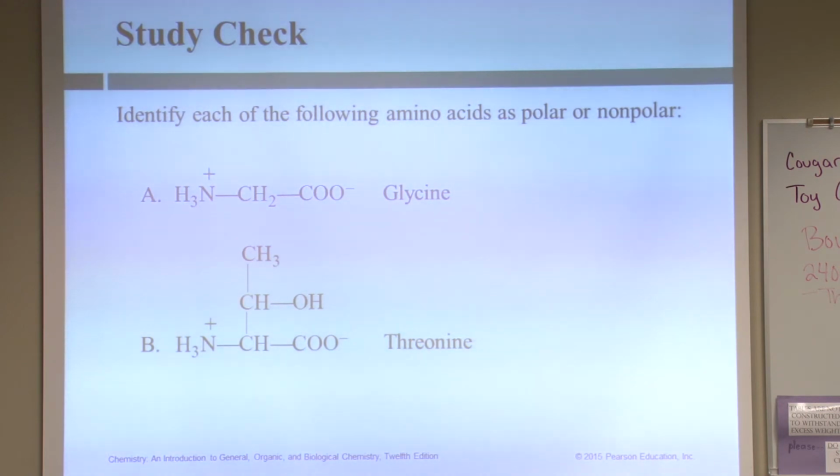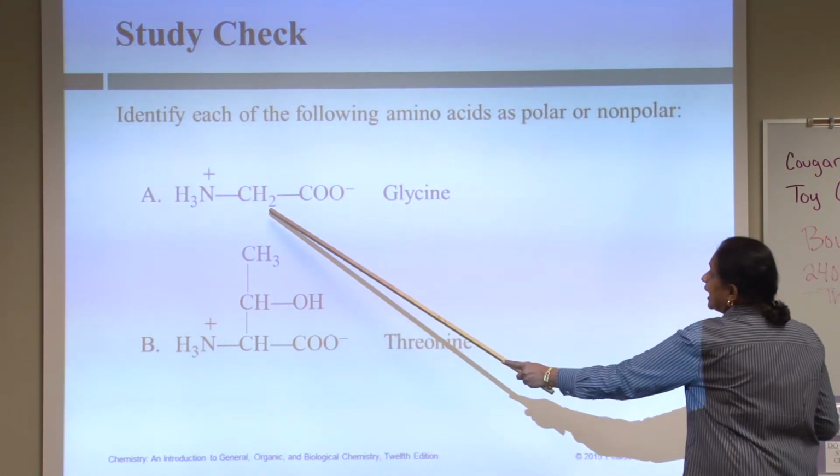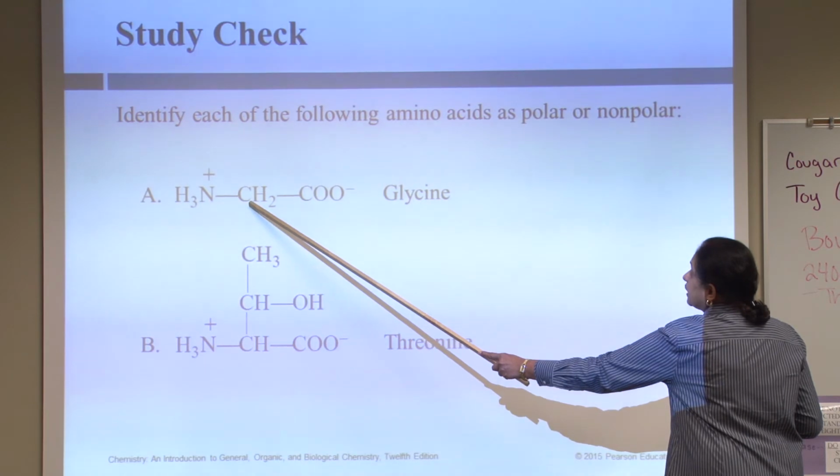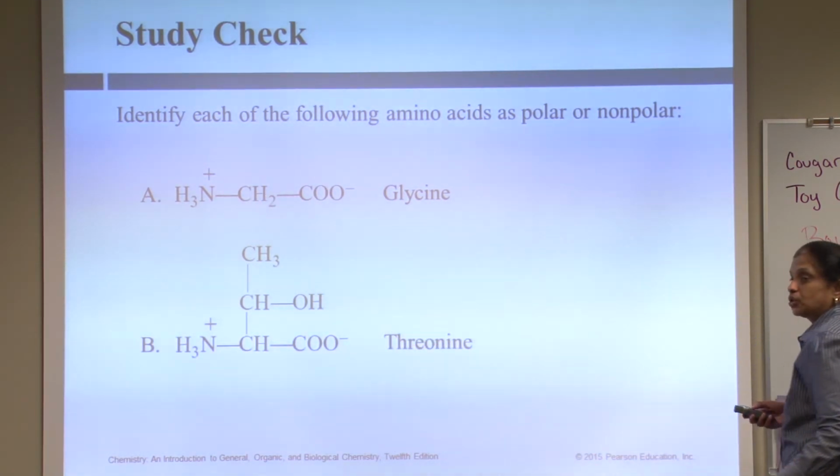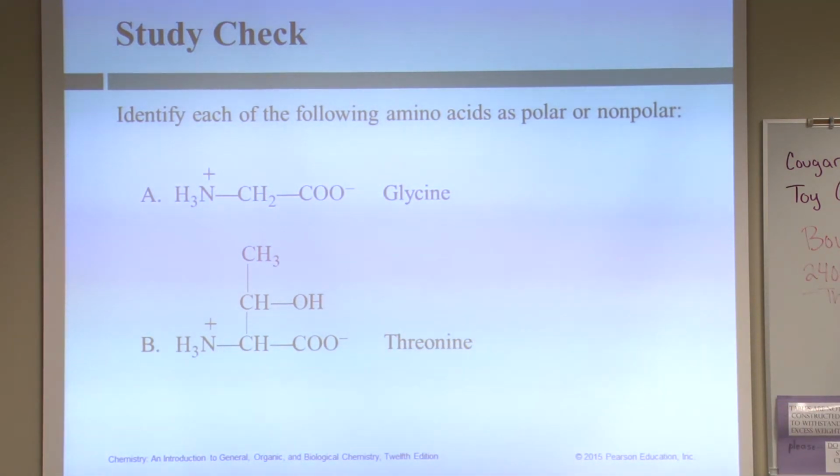Now we are going to determine these as polar or nonpolar. How do we determine polar or nonpolar? We are going to go to the alpha carbon. If this carbon is connected to a R group that is either hydrogen or a hydrocarbon chain, aromatic, you have a nonpolar.